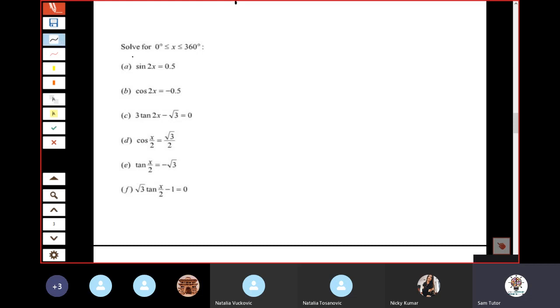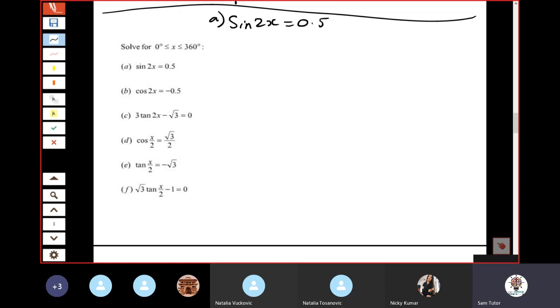So we're going to start off with the top one now. Aiden, back to you. Tell me, what do you see is obviously different first before we start? Yeah, the 2 is attached to this x now, right?